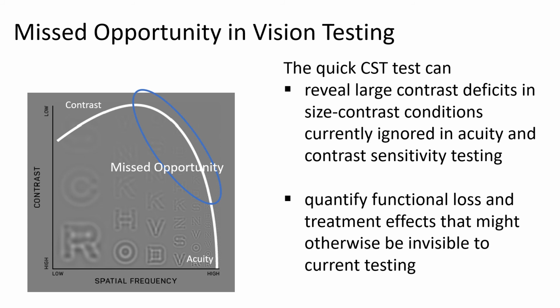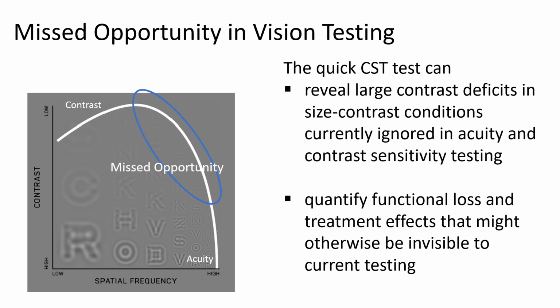In the clinic, the quick CSF method can address the missed opportunity in vision testing. Currently, visual acuity tests only measure the smallest visible letter at the maximum contrast, and the contrast sensitivity test is performed only at a low spatial frequency.